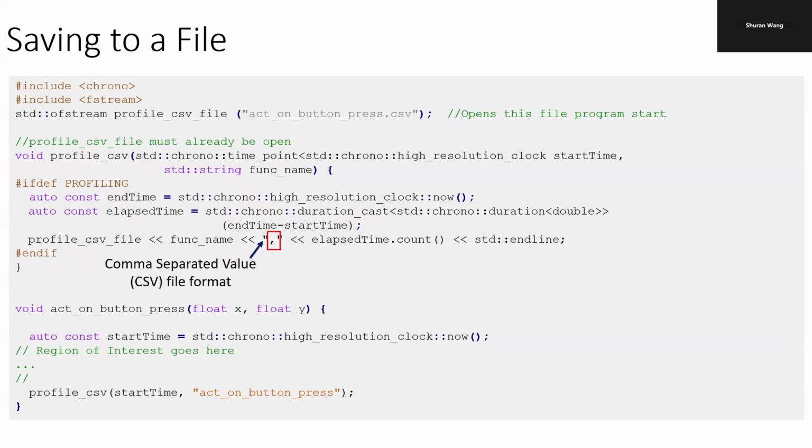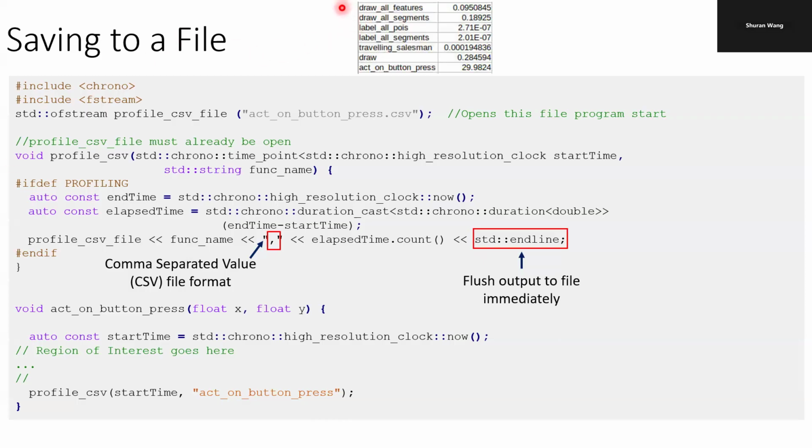Because it's a comma separated value file format, we are just separating the data with commas. This is the easiest way to export to something like spreadsheets. And the endl here flushes the output to the file immediately. So if your program terminates execution in the middle, you can still see whatever happened before inside the file.